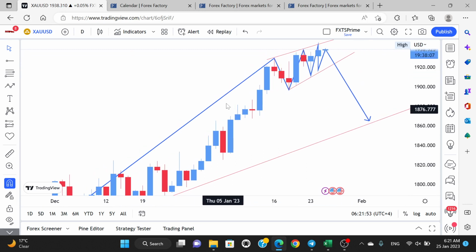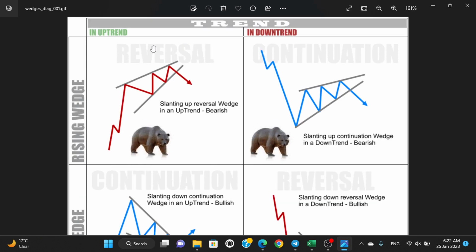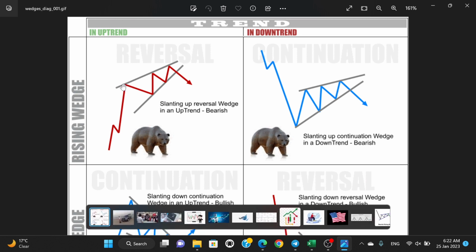We consider this as a swing, and now we have a reversal pattern here, which is a rising wedge. Let me share with you. This is what we are talking about, guys. This is the rising wedge. We have to have three resistances, three supports, then a pullback up, then it has to break down.